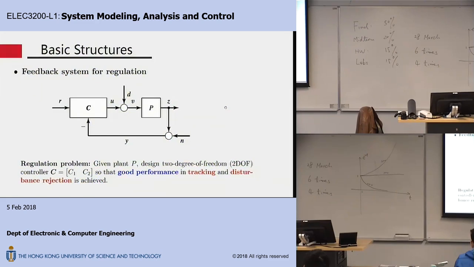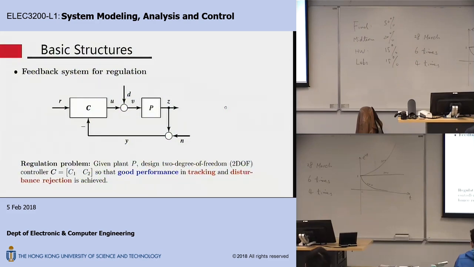So the plant is SISO, in this course it's always SISO, but even in that case, the controller now is not SISO. It's MISO. We have two inputs and one output. So this kind of controller is a two-degree-of-freedom controller.